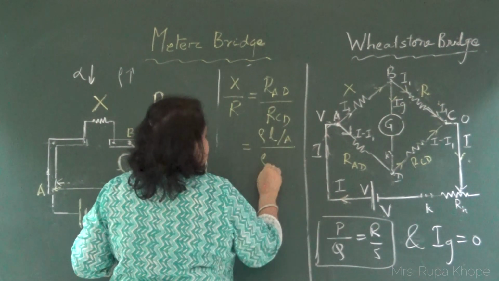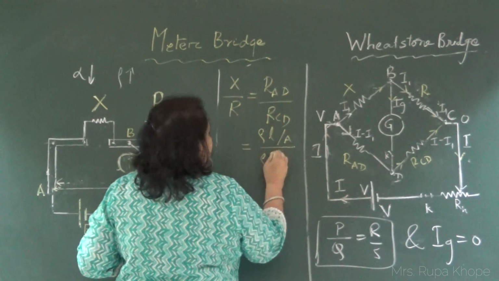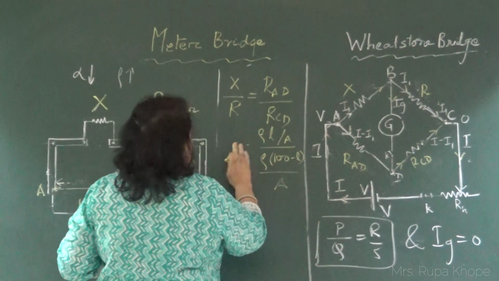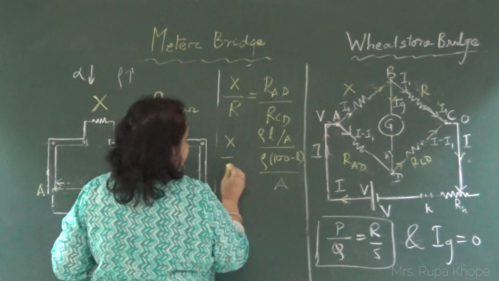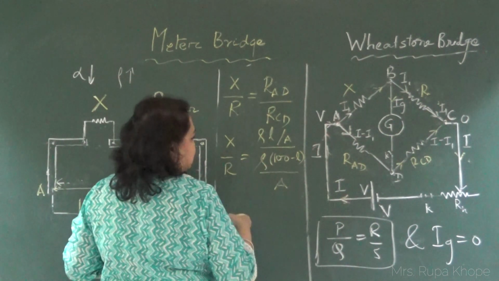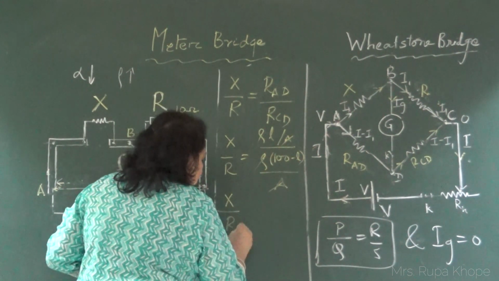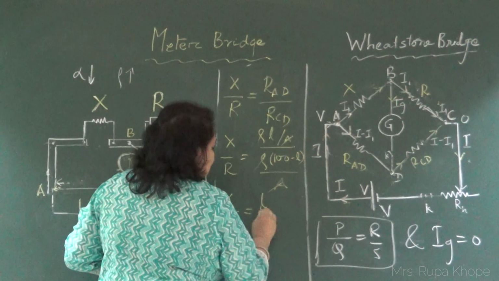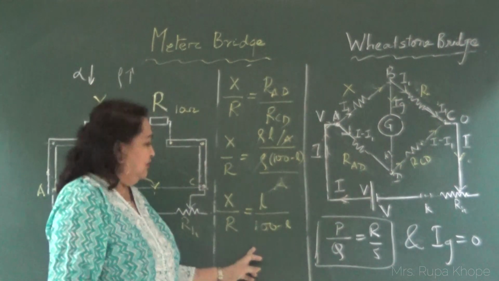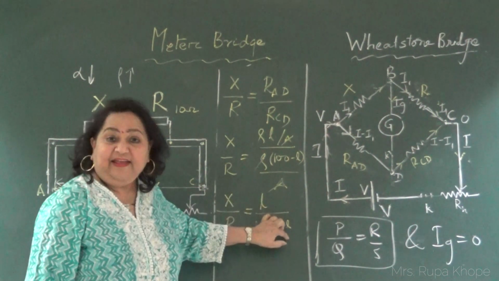Similarly, resistance is rho, now I call this length as say L. Rho, this length is 100 minus L upon area. That is X upon R. That means rho and rho cancel. A and A cancel. So we get X upon R is equal to L upon 100 minus L. We get this. So we can get this X and R in terms of length.